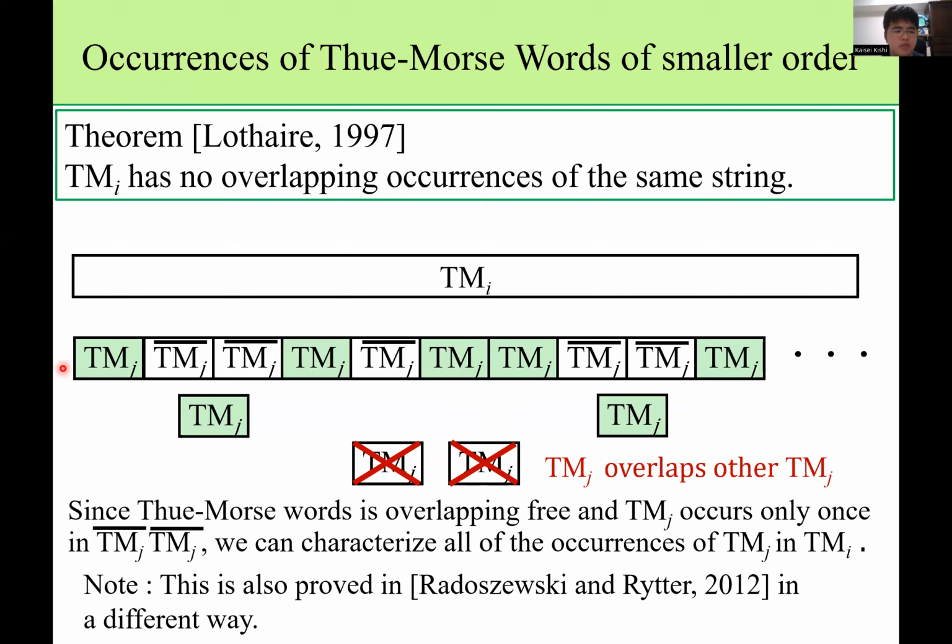So these colored occurrences of TMJ are the only occurrences of TMJ in TMI. So this is how to characterize all the occurrences of the smaller Fj and TMJ in the bigger Fi and TMI.